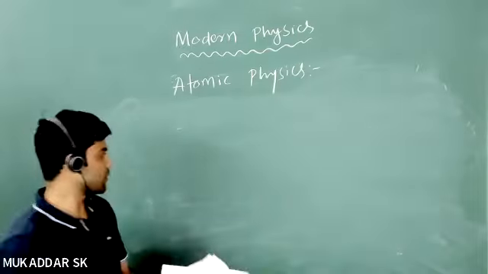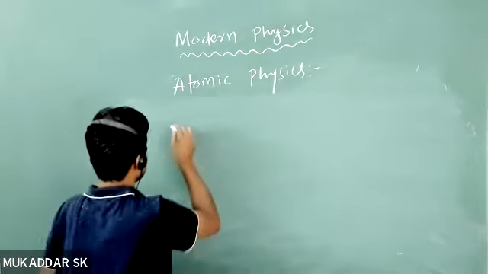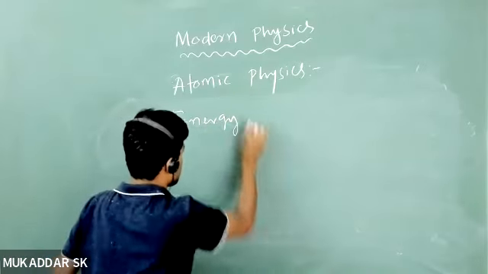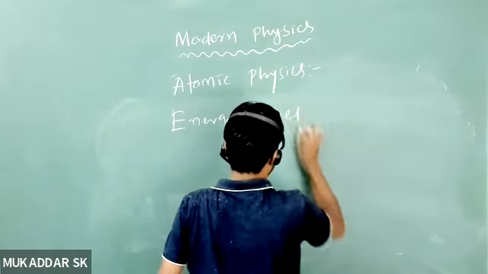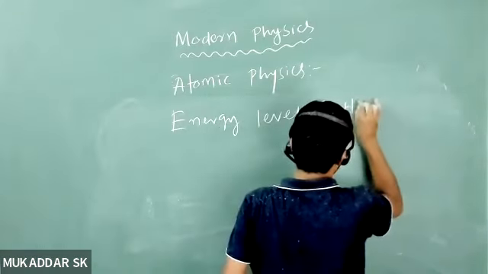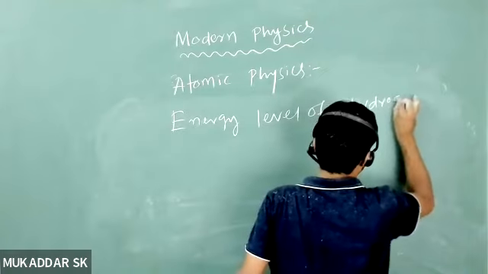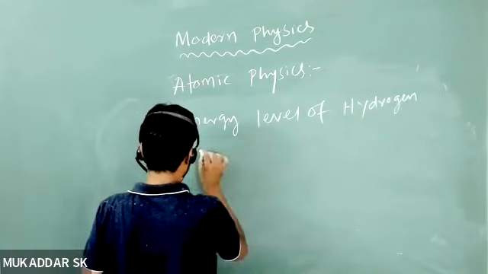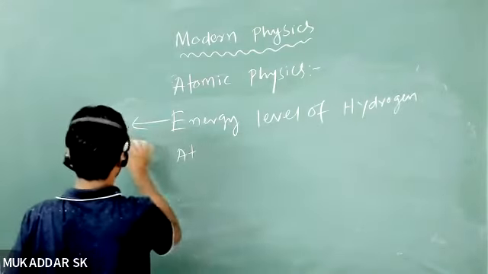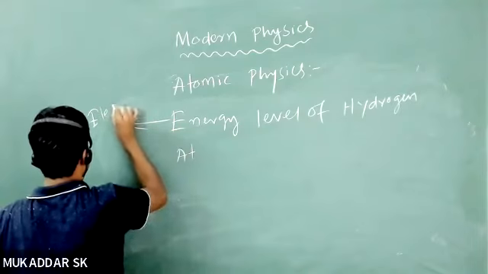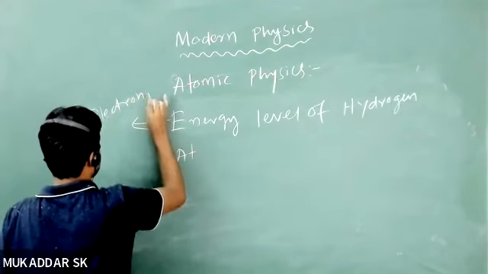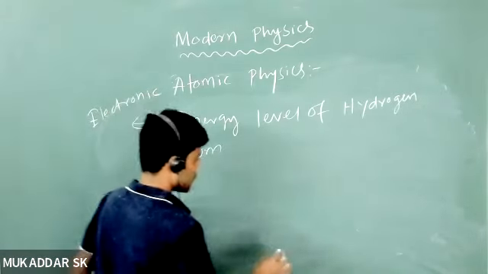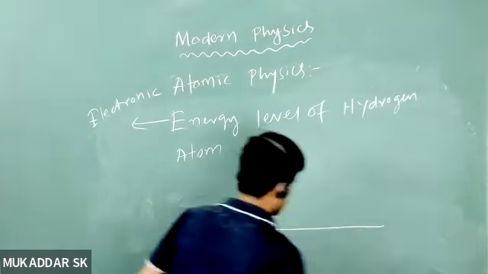So what kind of energy levels will you have if you draw the energy level of hydrogen atom? That energy level is basically the electronic energy level of hydrogen atom. So suppose this is your ground state, E1.